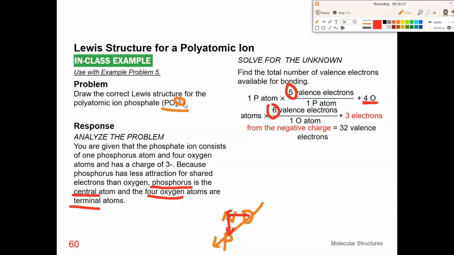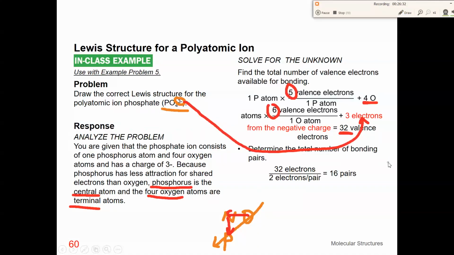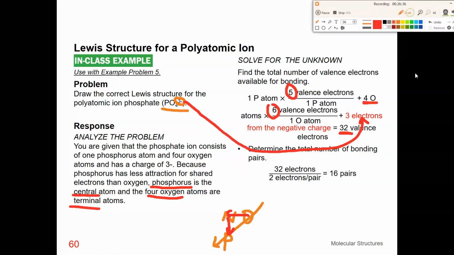You need to add these 3 electrons for the 3 minus charge, 3 extra electrons, to the total number of valence electrons. So the total is 32 electrons available. Right. So we have 32 available.